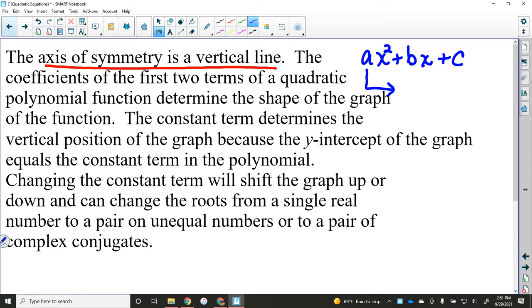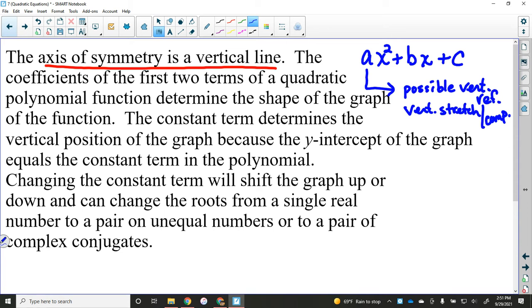Doesn't the a do that with all functions? So that's going to determine possible vertical reflection. It's going to determine either a vertical stretch or compression. We know that about a. A does that for every kind of function. Okay?